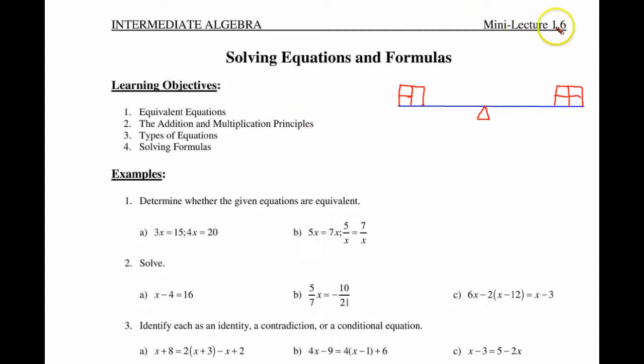As we start our next topic, you see we do skip in Math 105M, but in our previous course, Math 100, we did cover a lot of these topics.